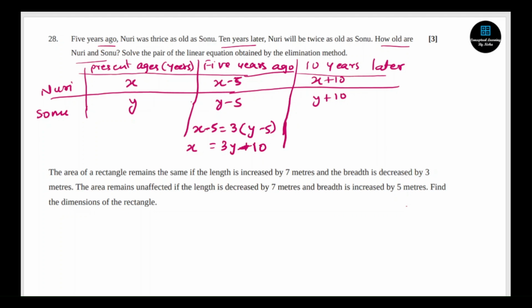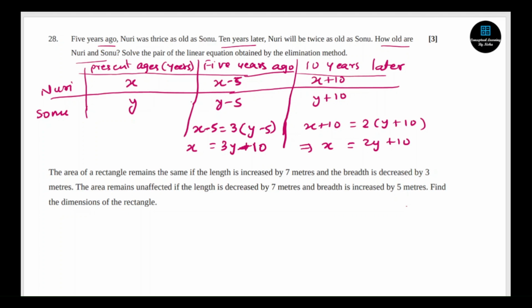Alright. Now, here after 10 years later, what they are saying, Noori will be twice as old as Sonu. So x plus 10 is 2 times y plus 10. And now when I simplify this, I get x equals 2y plus 10. Correct? Now I have these two equations.